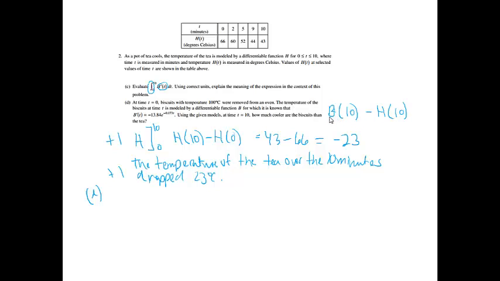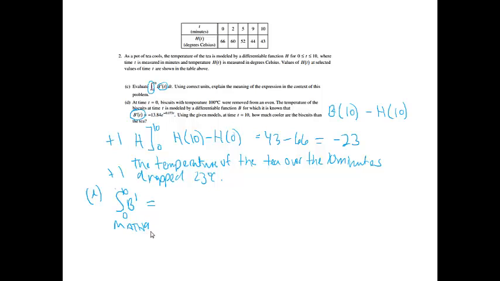To get the temperature at time 10, I notice we're going to start at 0 and go up to 10, and I'm given b prime. So to get b, I know I'm going to take the integral of b prime, going from 0 to 10. A couple of different ways you could do this. If you do the integral from 0 to 10 of b prime, we could definitely use Math 9 to get our answer.